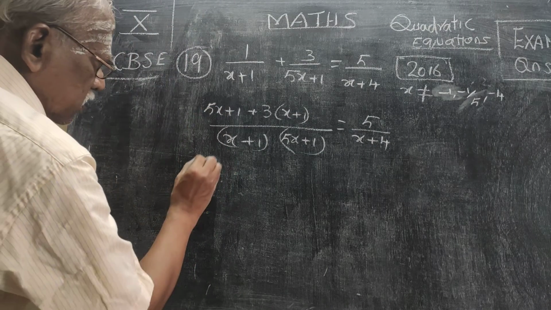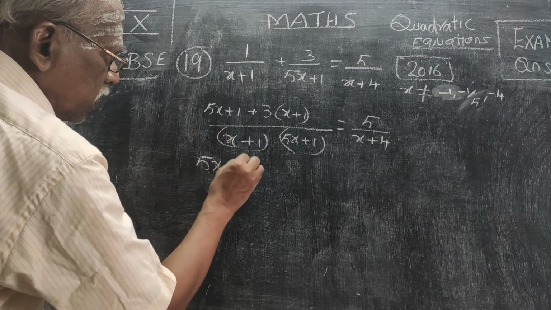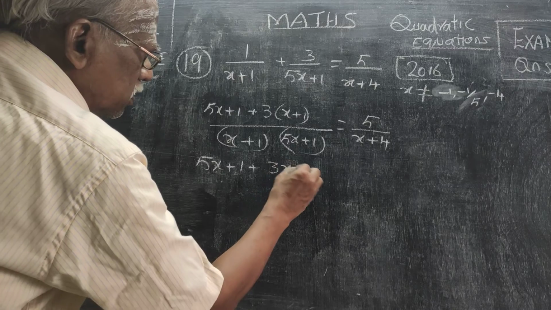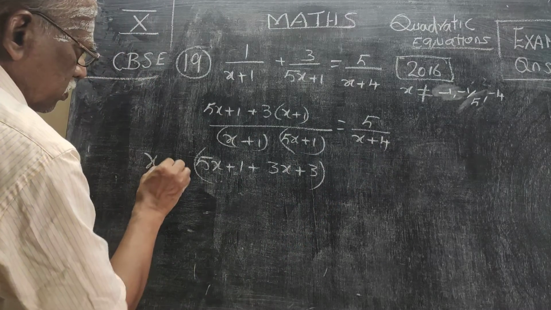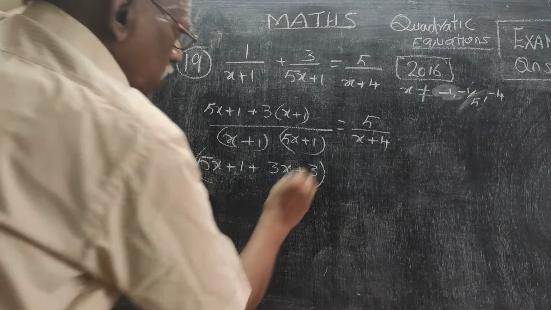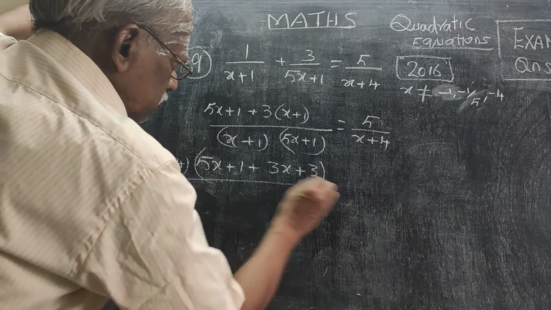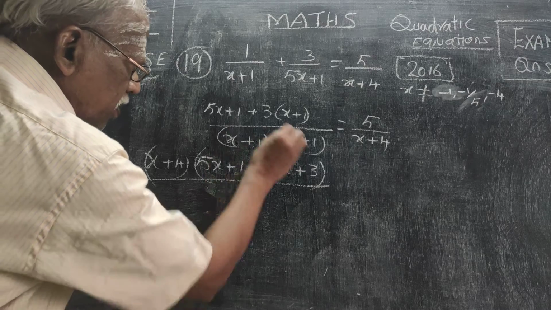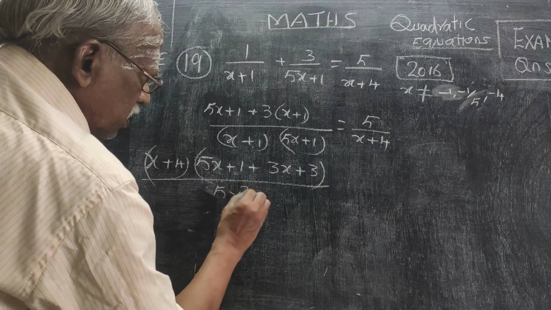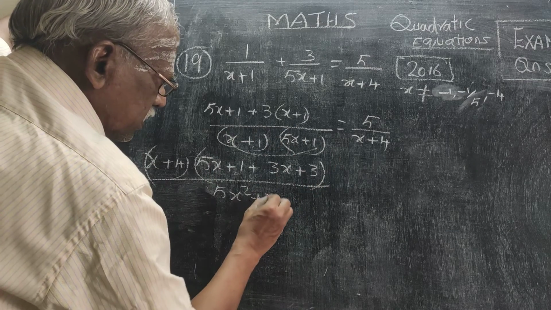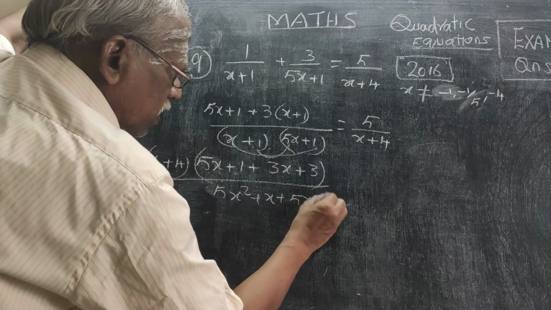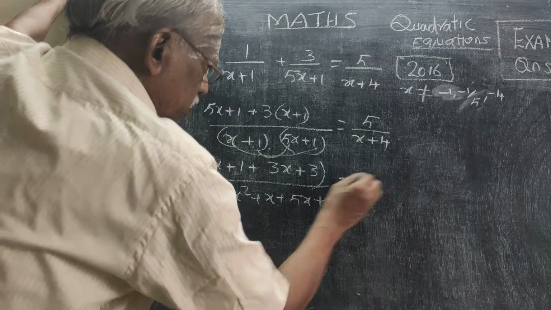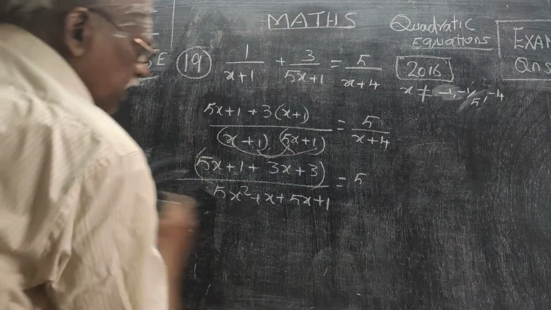So this is 5x plus 1 plus 3x plus 3. This x plus 4 come over here. The denominator is x plus 1 into 5x plus 1, on multiplication this is 5x square, x into 1 is x, 1 into 5x, 5x, and 1 into 1, 1, equal to 5. Or you can take the next step also.